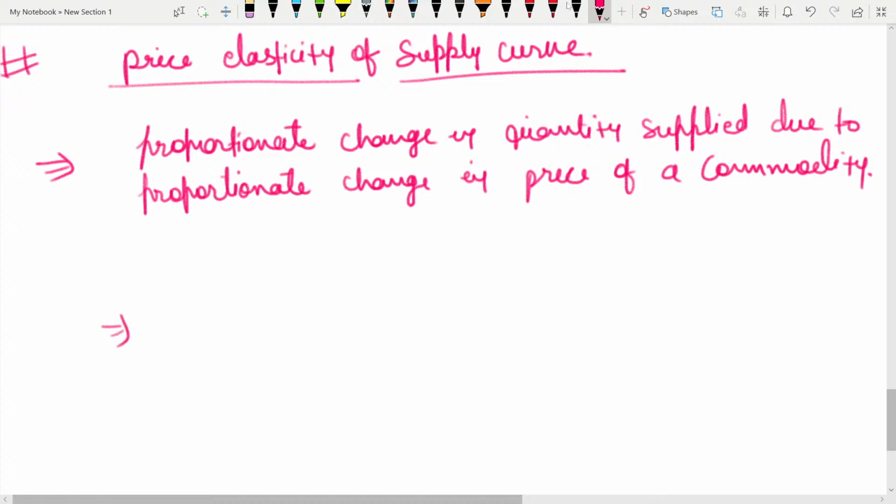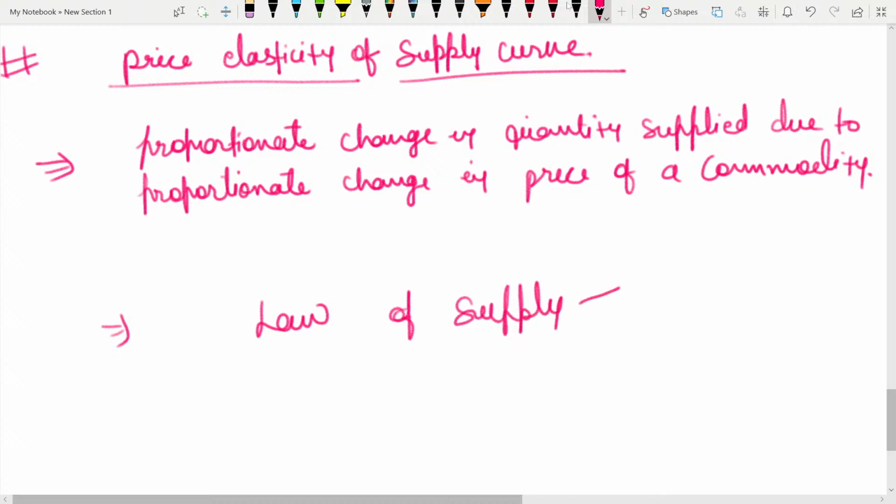Let me ask one question: why do we use price elasticity of supply? Why is it not enough to use the law of supply? Because the law of supply talks about the same thing, price and quantity supplied. So why do we need to use price elasticity of supply curve?